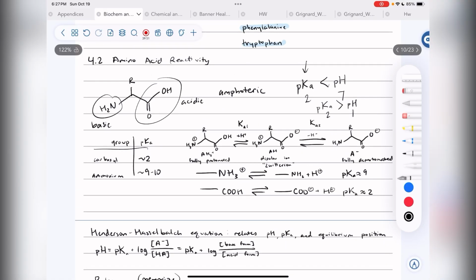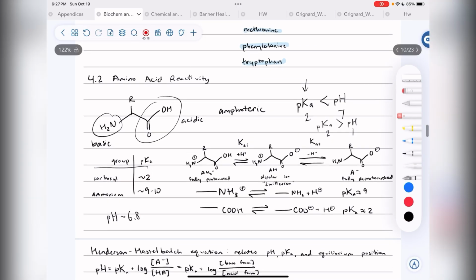So what happens at physiological pH for an amino acid? Let's just say the pH is around 6.8. Well, that's higher than the pKa of 2 for a carboxyl. So if this is higher, then that carboxyl group is definitely going to lose that hydrogen, right?